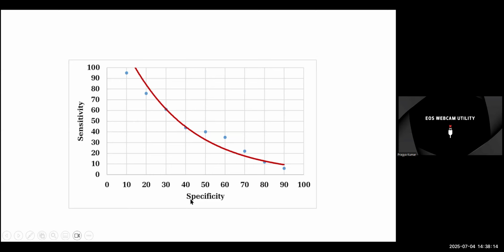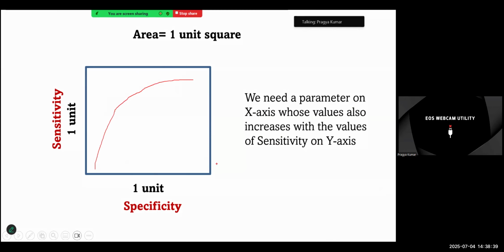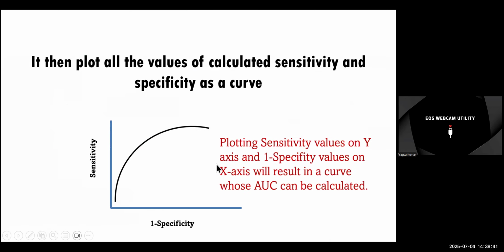That's why we need a parameter, because if you increase the sensitivity, that will also increase. So we take 1 minus specificity on the x-axis, because then your graph will be something like this, and then you can calculate the area under the curve.